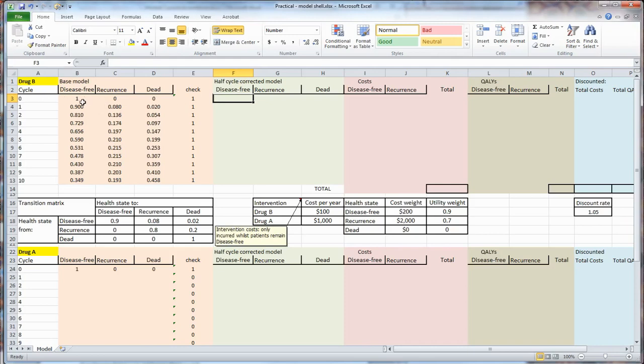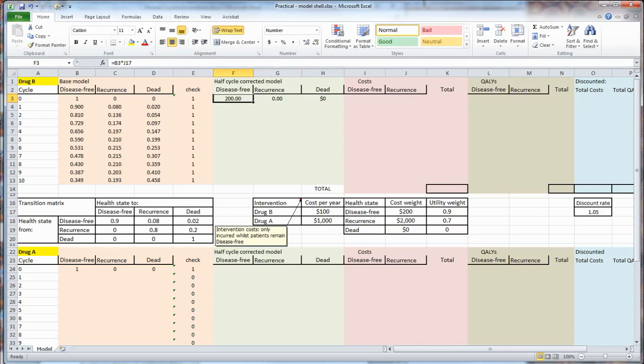So if we say everyone was in disease-free in the first cycle of the model, cycle 0, and we apply the cost, say $200 is the cost of remaining disease-free for one model cycle, for 1 year in this case, then we'd estimate a cost in the first cycle of the model of 1 times 200 plus 0 times 2,000, which is the cost associated with having a recurrence, and clearly dead, it doesn't make any difference, but it'd be 0 times the cost of 0, because there's no cost associated with being dead.